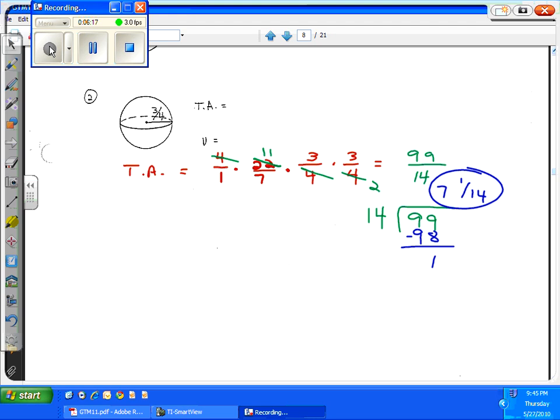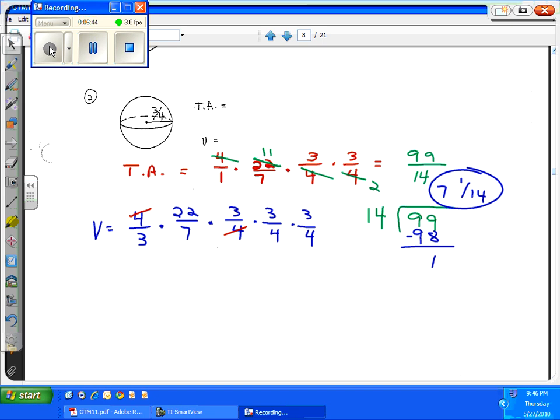for the total area. For volume, volume is equal to 4/3 pi r cubed. So 4/3 times pi, which is 22 over 7, times the radius cubed, which is times itself 3 times. We're writing it out so we can cross reduce if we can see how.